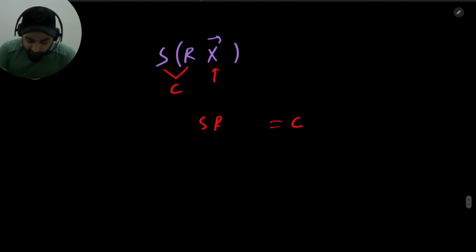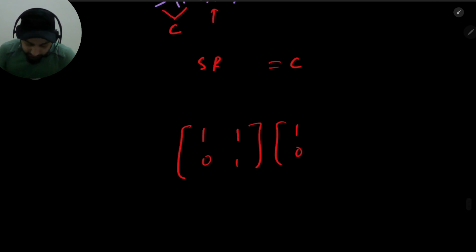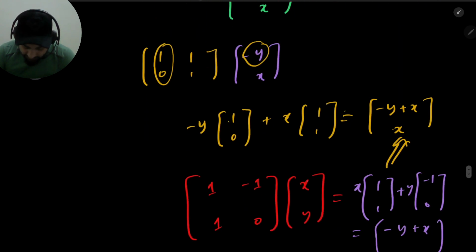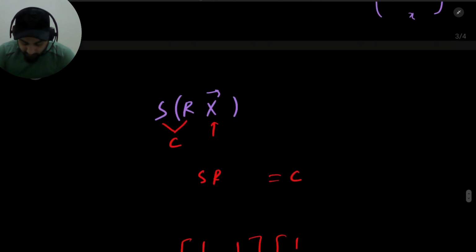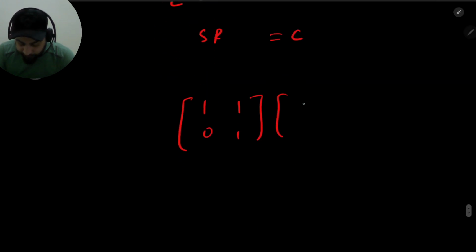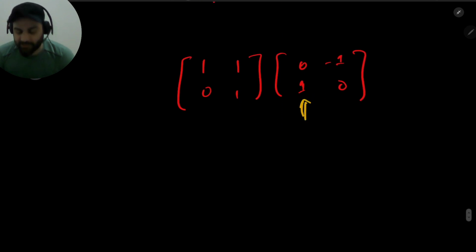If I now take this SR matrix, S basically was 1 0 1 1. This was the shear matrix, and the rotation was, if I'm right, 0 1 minus 1 0. So what I can do again is, let's take this as a vector, and we want to see what will happen if we apply shear onto this.